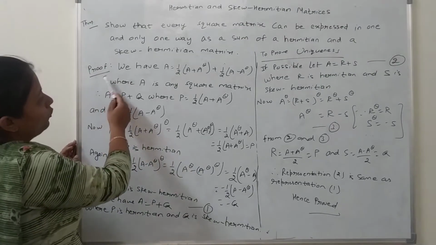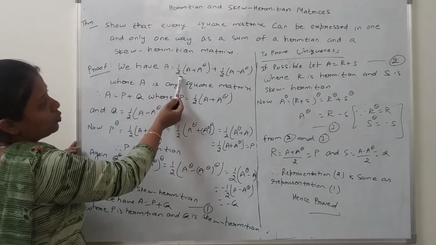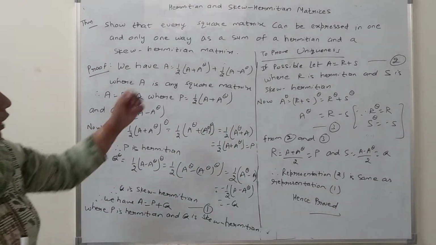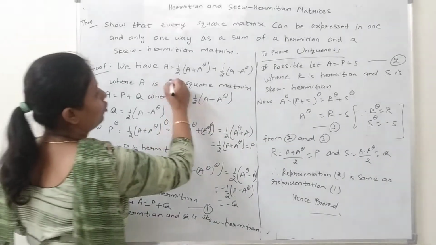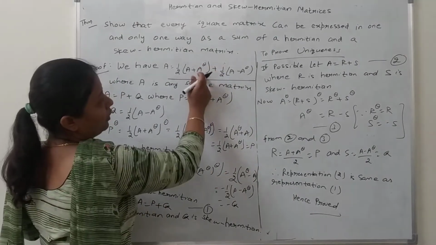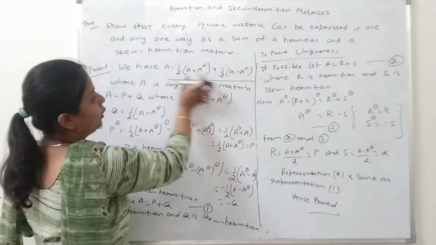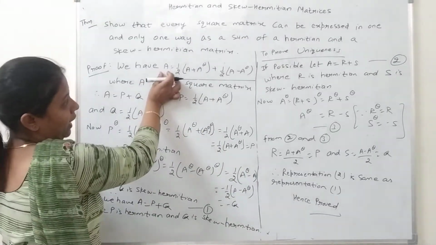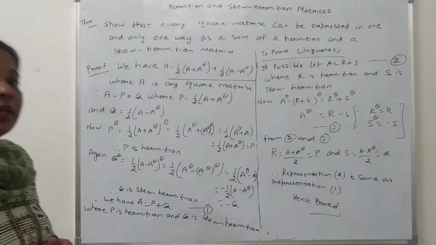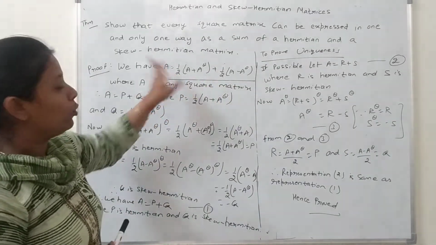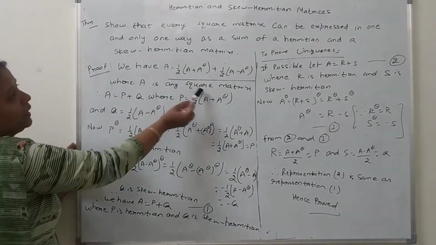Now see the proof. We have A equals half of (A plus A theta) plus half of (A minus A theta). If we solve this, half A theta will be cancelled with minus half A theta, so only A will remain. So we can write A as half (A plus A theta) plus half (A minus A theta), because when we solve it, it equals A. Here A is any square matrix.